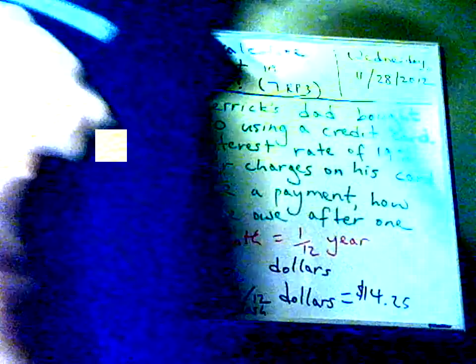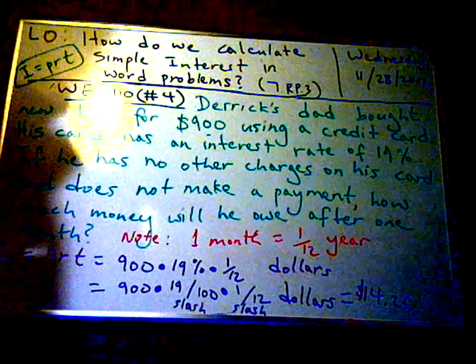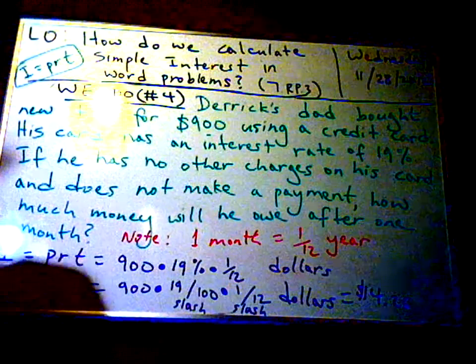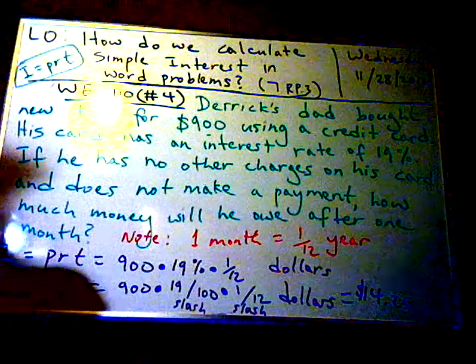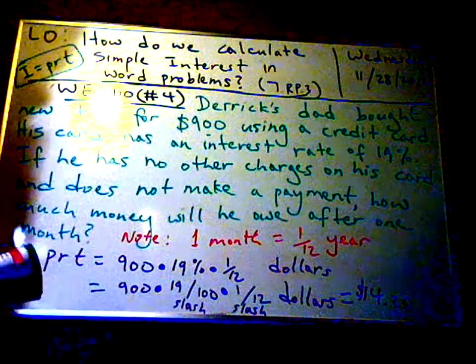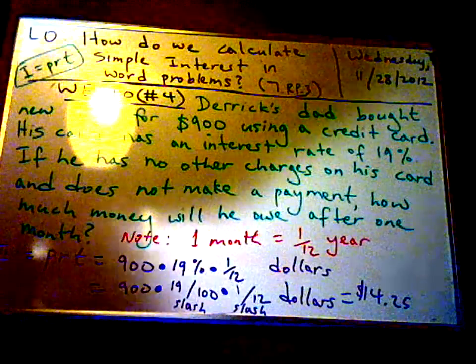$14.25. That's how much interest he would have after a month. But they ask you how much does he owe after a month. So how much does he owe after a month?